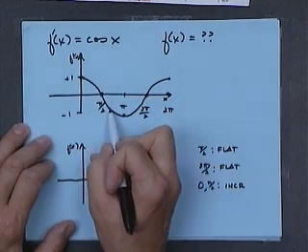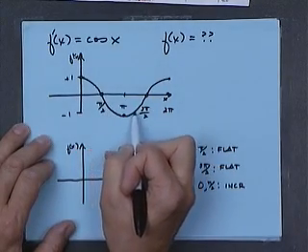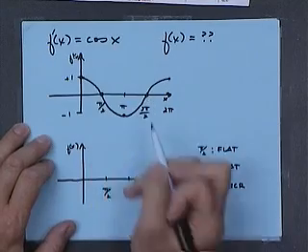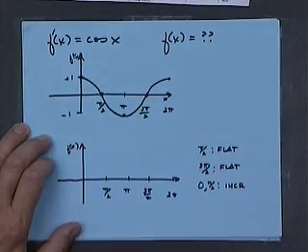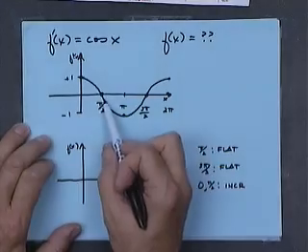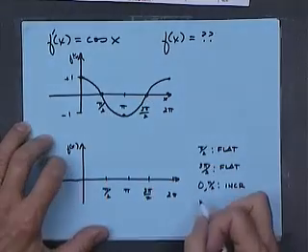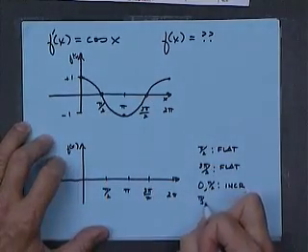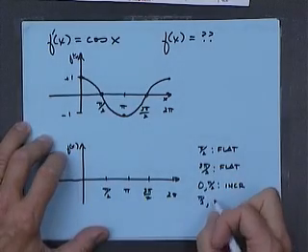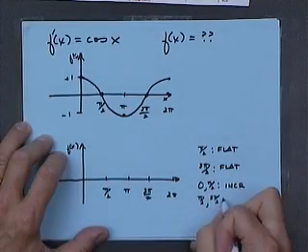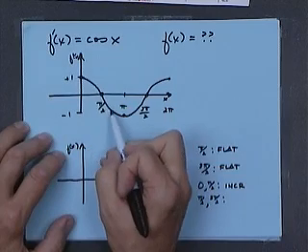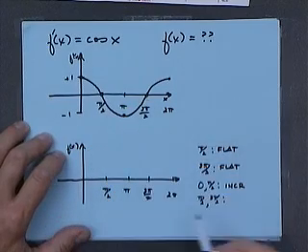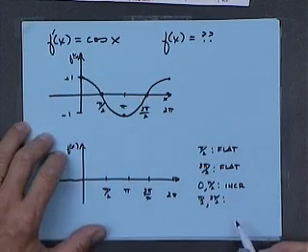Here the derivative is negative from pi over 2 all the way through pi, all the way to 3 pi over 2. Right? Negative? So we're on the derivative curve. Derivative is negative. So if the derivative is negative, what's the original function supposed to be doing?